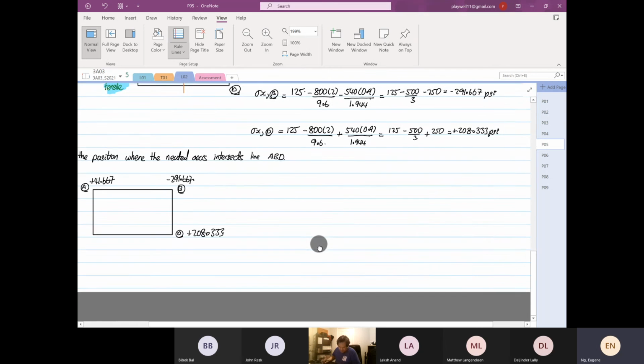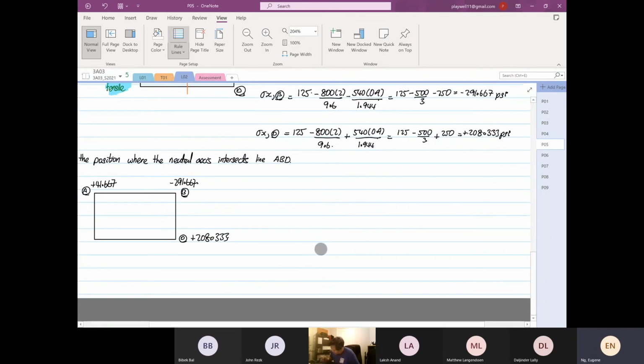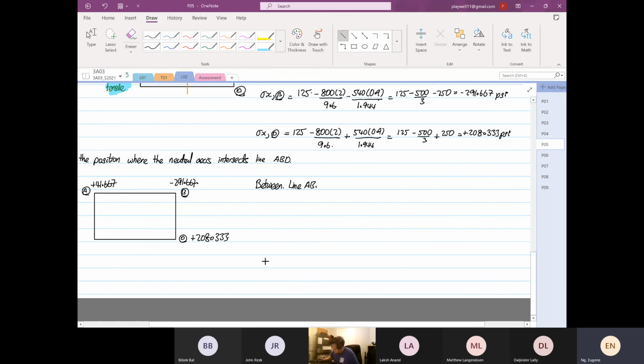So we're going to look at between point A and point B, or between line AB. All right, so we know that we do have a horizontal line.